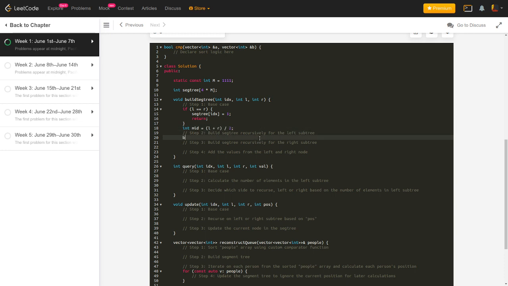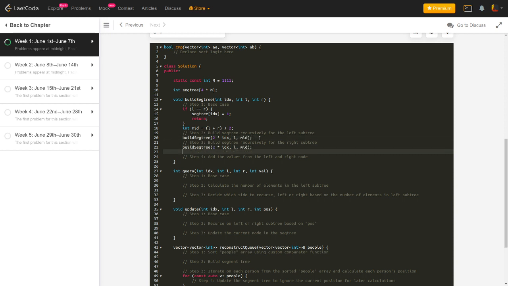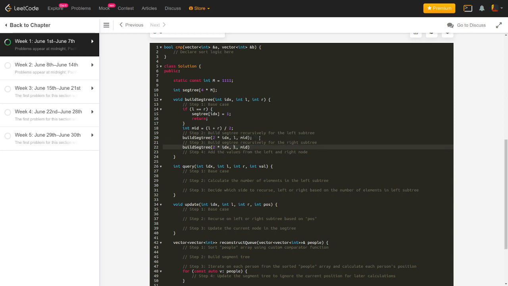And what I do is I'll call build segment tree with 2 times index, which is the index for the left child of a particular node in a segment tree, L comma mid, and build segment tree with 2 times index plus 1, and the range for the right subtree is from mid plus 1 to R. So that's what I'm going to do.